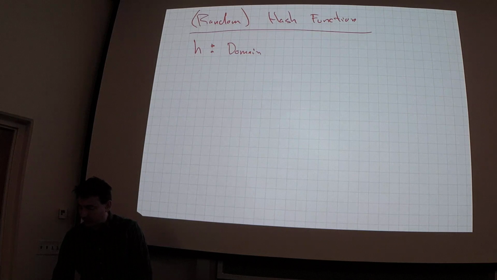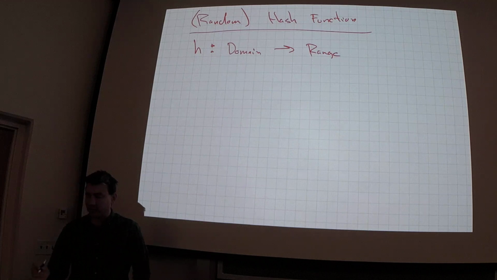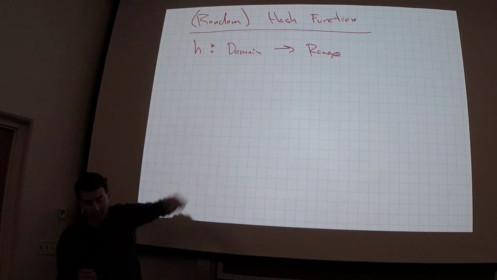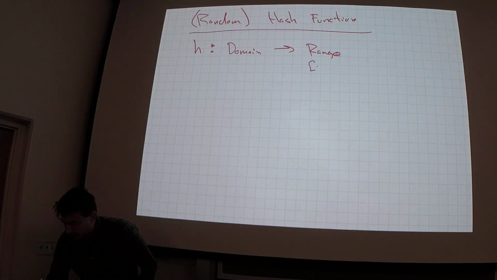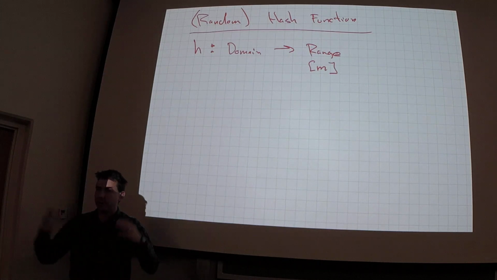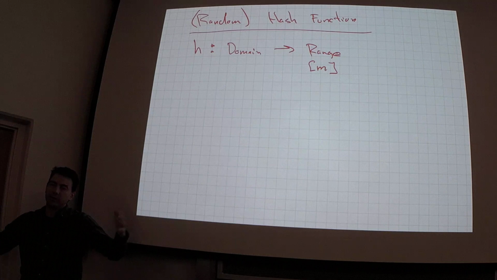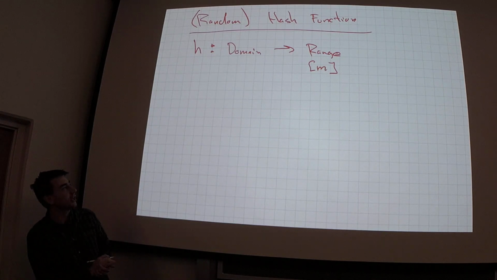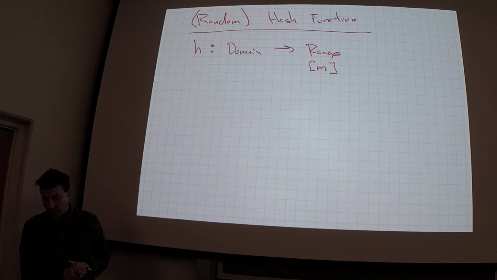So any function maps from a domain to a range, right? This is the notation for a function where this one maps from and to, and we're going to map it to this space M, this set of M numbers. Again, these can represent anything, but we'll just keep them as the M numbers because the notation is simpler here.